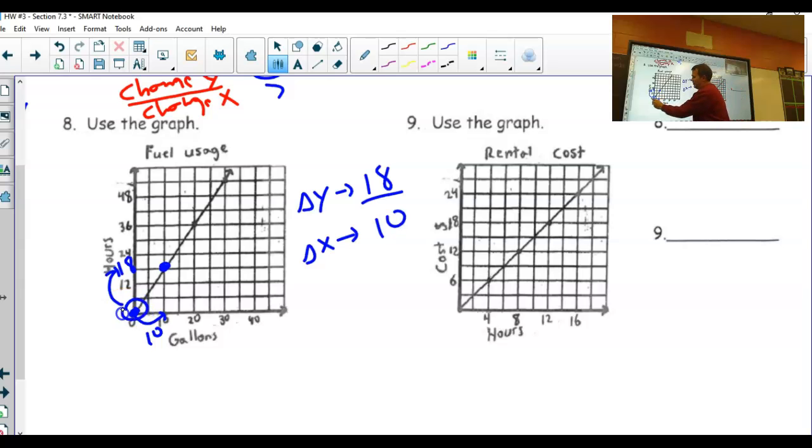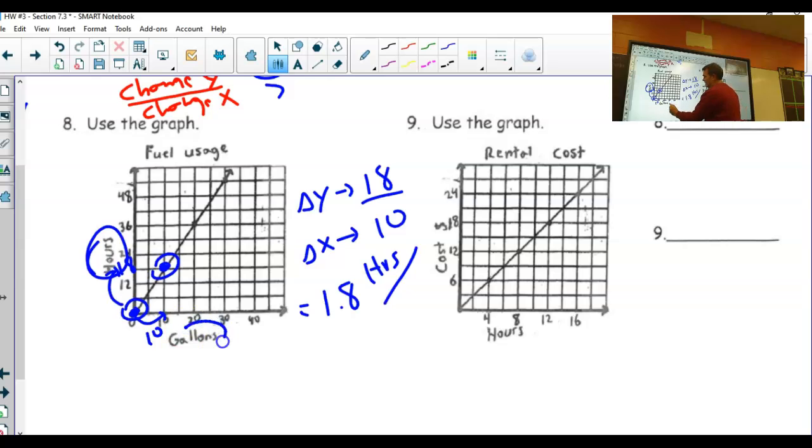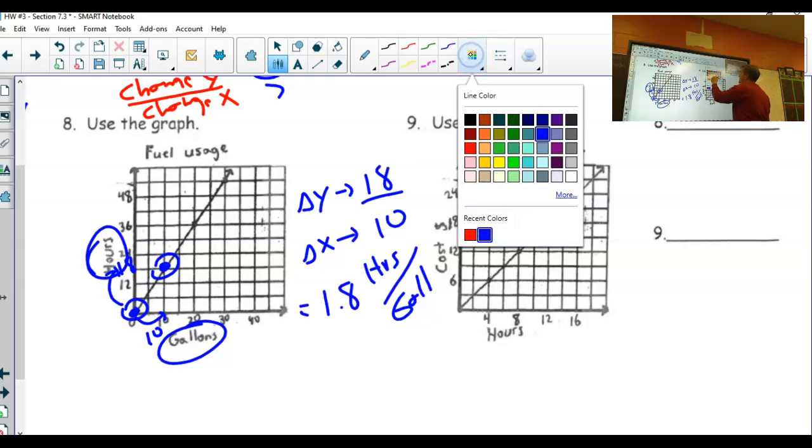So when I go from this point to this point, it looks like I have 18 divided by 10. And 18 divided by 10 is 1.8. And I need to put my units on there. My units would be hours per gallon. 1.8 hours per gallon.